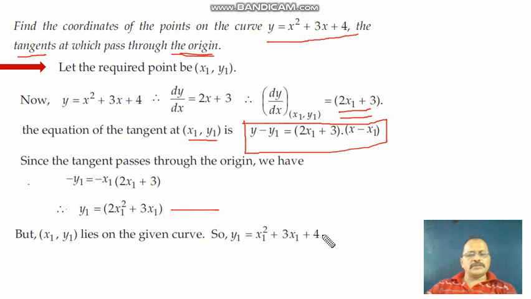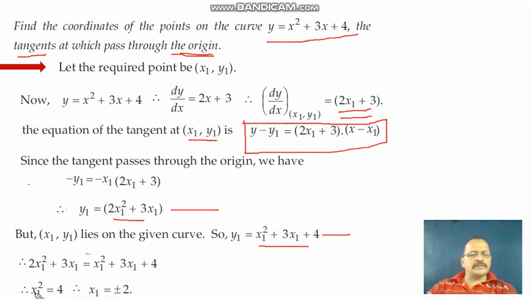In these two equations, left hand sides are y1, the right hand sides are different, therefore comparing their right hand sides we get 2x1 square plus 3x1 is equal to x1 square plus 3x1 plus 4. Solving this, cancelling 3x1 both sides, x1 square is equal to 4, and therefore x1 is equal to plus or minus 2.